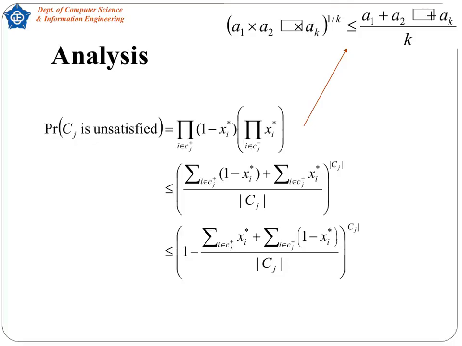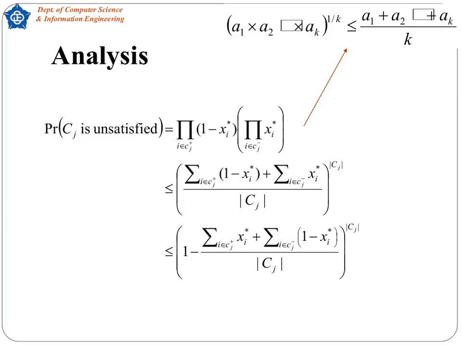To simplify this product, we invoke the arithmetic geometric mean inequality, shown at the top. Concretely, we replace the entire product by its arithmetic mean raised to the |C_j| power. After regrouping terms, this yields the compact upper bound: one minus the sum over i in C_j^+ of x_i plus the sum over i in C_j^- of (1 - x_i), all divided by |C_j|, raised to the |C_j| power.